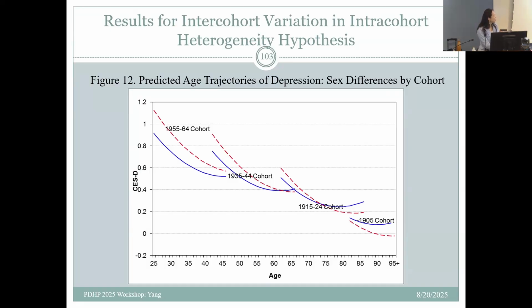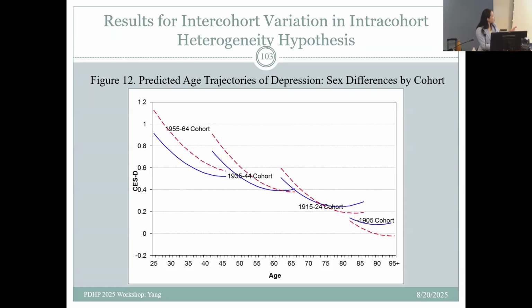So for some cohorts, even for the earliest cohorts, older men had higher mean trajectories of depression than females, whereas in more recent cohorts, female disadvantage increases, and then there are either crossover, parallel, or converging patterns. So the shape of the sex gaps in life course trajectories of CESD vary highly across birth cohorts in this case.